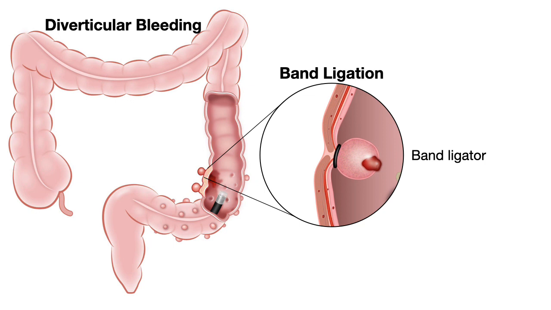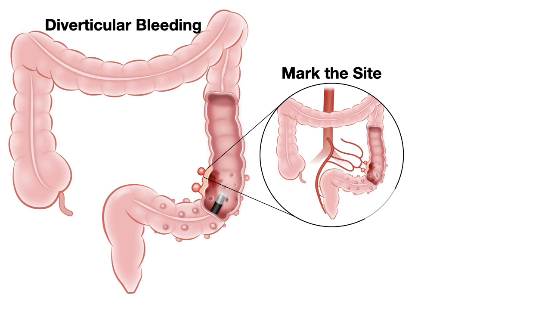So if the patient is actively bleeding and you control the bleed, it's also a good idea to, before you come out, put a tattoo at the site of the bleeding, at the site of the diverticular bleeding. And why is that?